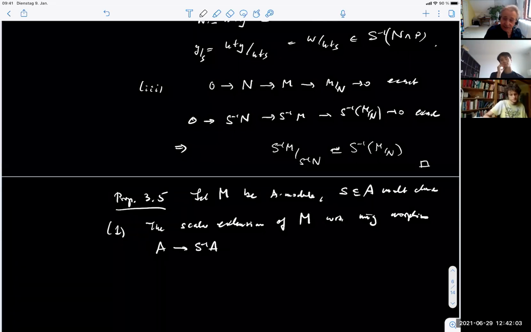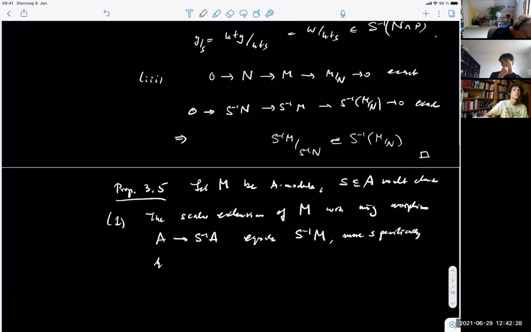So I can extend scalars and turn M into a module over this ring. And the statement is, what I get is the localization of the module. More specifically, we have the following isomorphism.